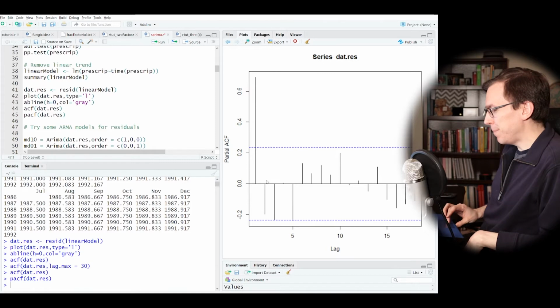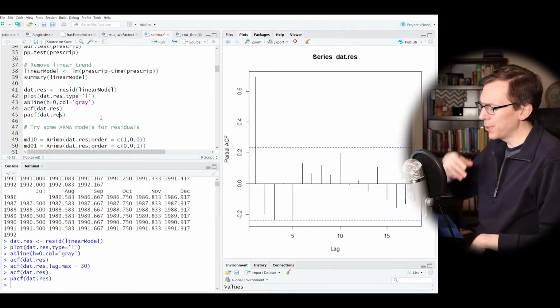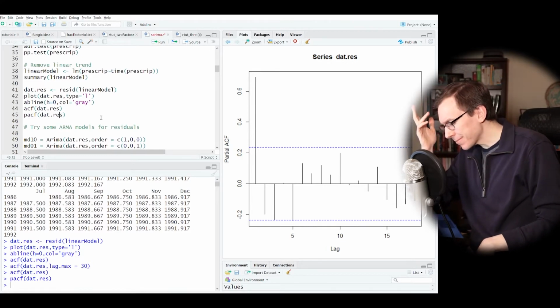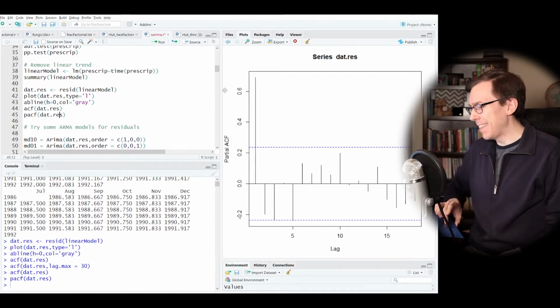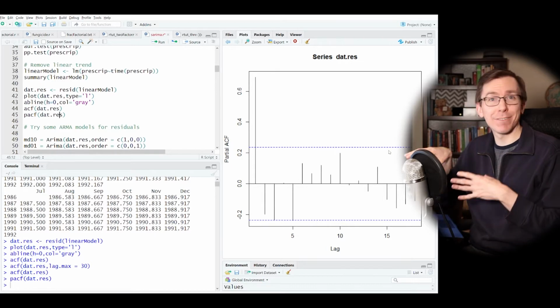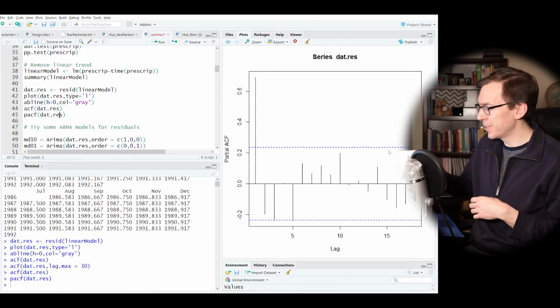Now we see a big spike at lag 1, and then everything else is pretty negligible. It's all below the noise floor. Maybe there's some periodic behavior here, but we don't quite see that. So do you remember what happens when you see a PACF plot that has a big spike at lag 1 and then kind of vanishes right after that? Do a dramatic pause.